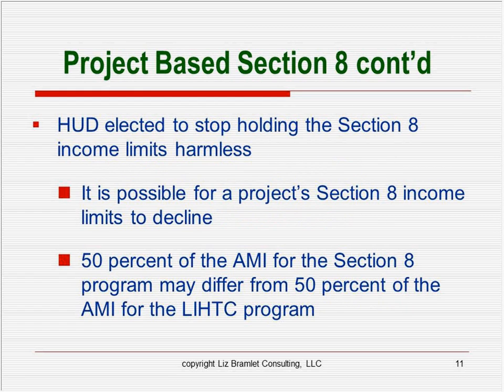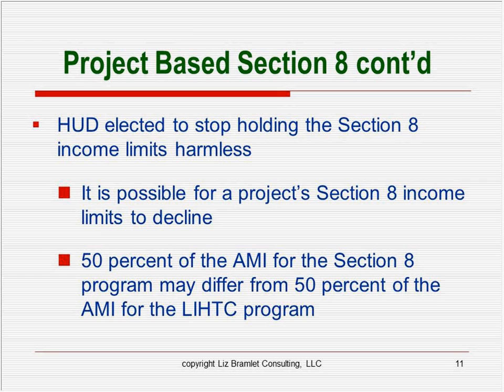Back in 2009, HUD began to stop holding their Section 8 income limits harmless, which is they stopped preventing them from going down. So it is now possible for a project's Section 8 income limits to go down, for all Section 8 projects. That's now a possibility. But in a tax credit program, once we start using a set of tax credit income limits for tax credit purposes, we're able to hold our income limits harmless at a project level.